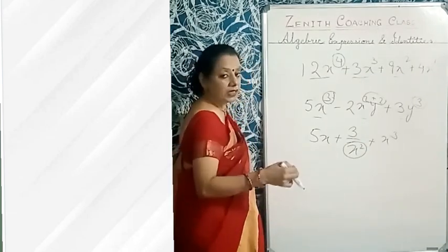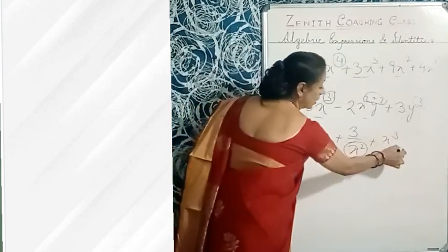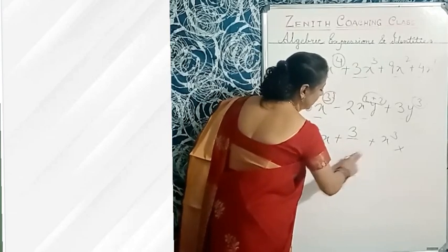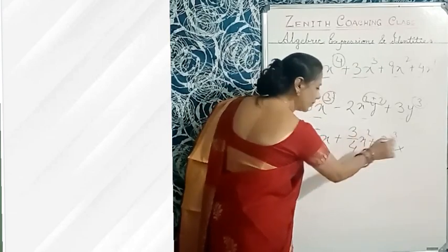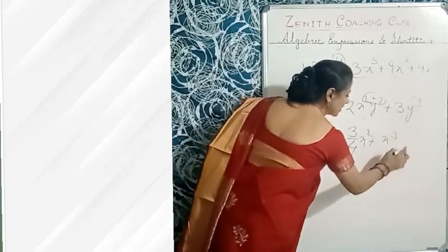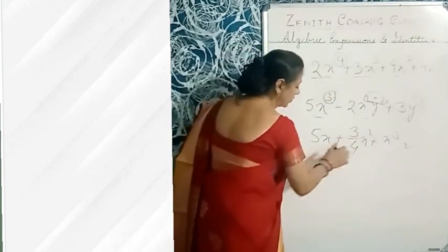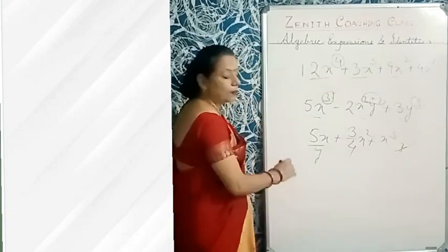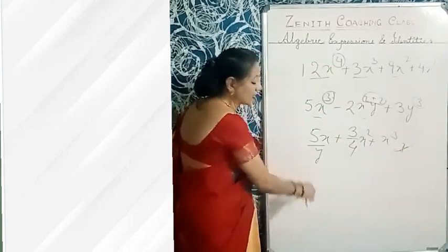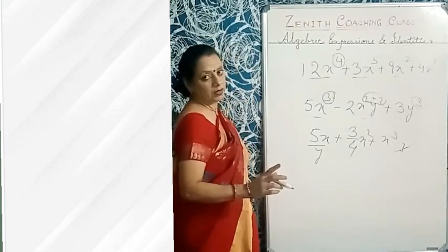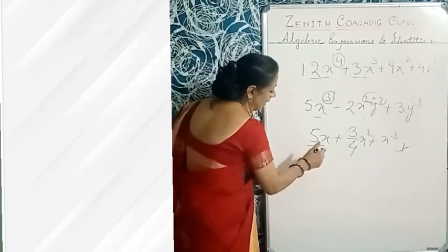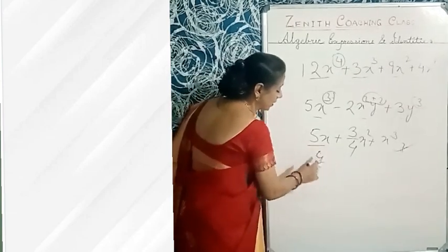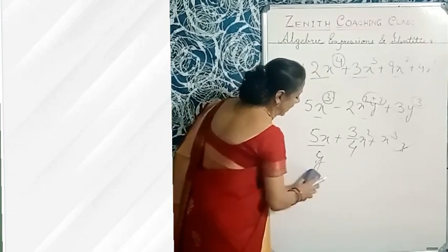You can write a number, like 3 by 4 x square; that is a polynomial. But you cannot write 5x by y. That is not a polynomial. You can write a number as denominator, but you cannot write an algebraic expression as denominator.